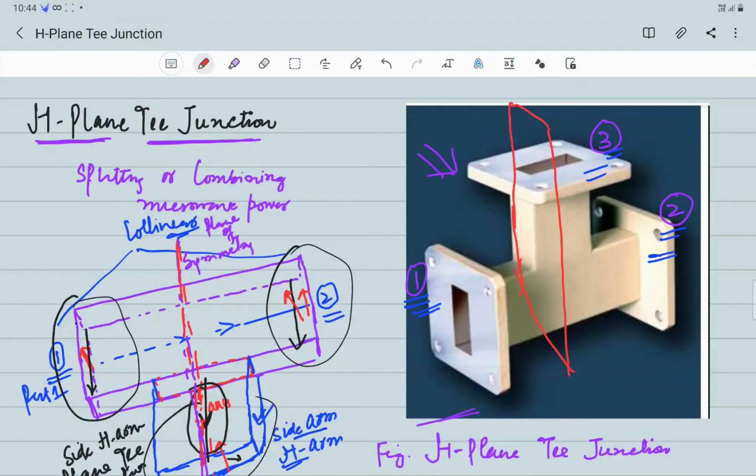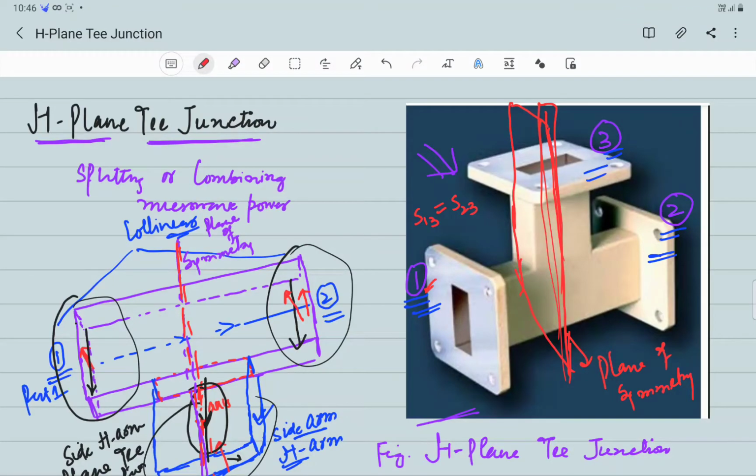with respect to this plane, this structure is symmetric. So this is the plane of symmetry. Because of this plane of symmetry, the S parameters S13 and S23 must be equal.